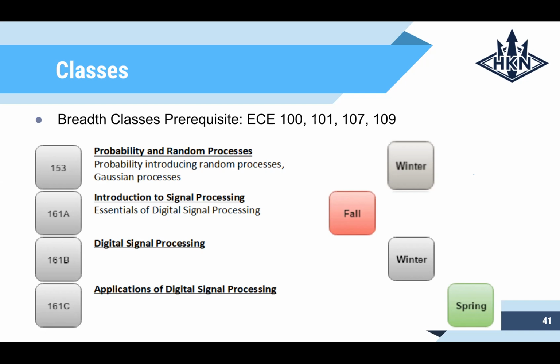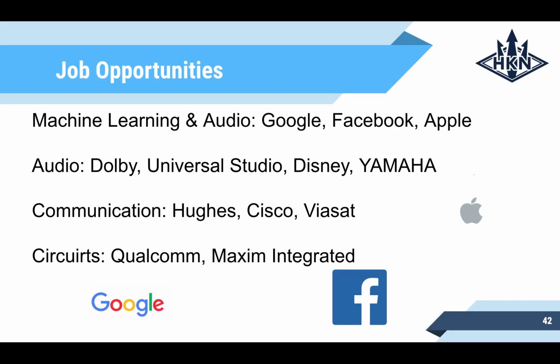So besides ECE 45, another very important class is ECE 101. ECE 101 is basically another ECE 45, but harder. In that class, you will basically relearn everything in ECE 45 and learn other things like sampling series and stability series.